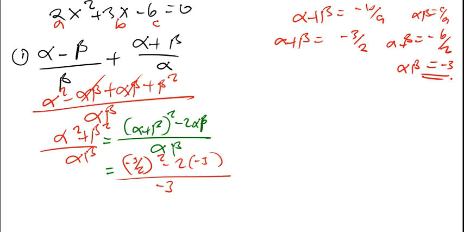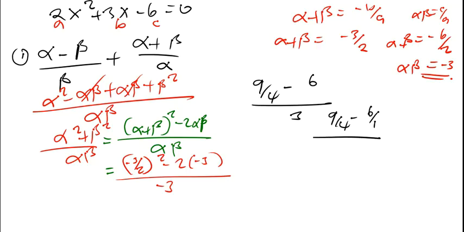So negative 3 squared is 9, 2 squared is 4, minus, that is going to be 6. Now you divide this by negative 3. In simple terms, this is basically the same as 9 over 4 minus 6 over 1. Find first this, then you are going to divide it by negative 3 later on.